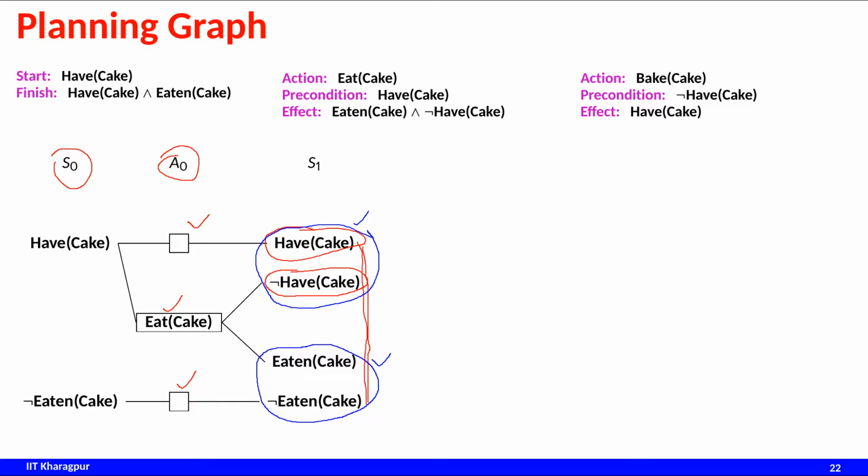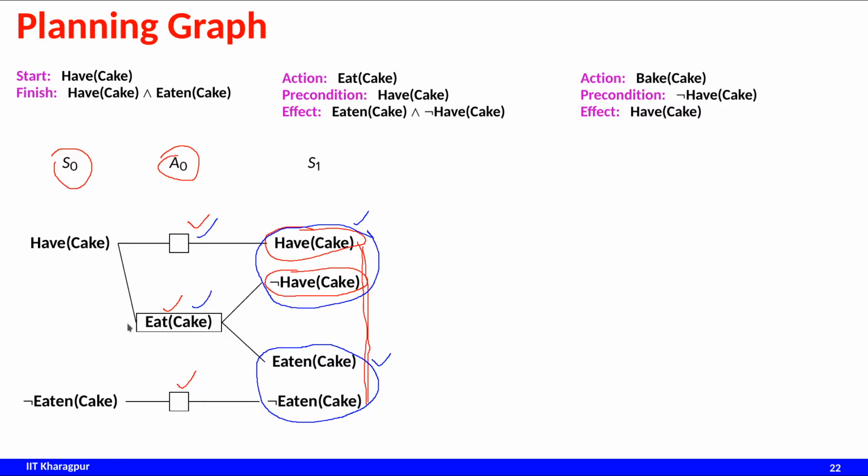In order to restrict that, we can say that these two literals are generated based on this action and this action. But these two actions cannot happen together, they are mutually exclusive, because if I carry forward this have cake as it is, that means I'm not applying eat cake.